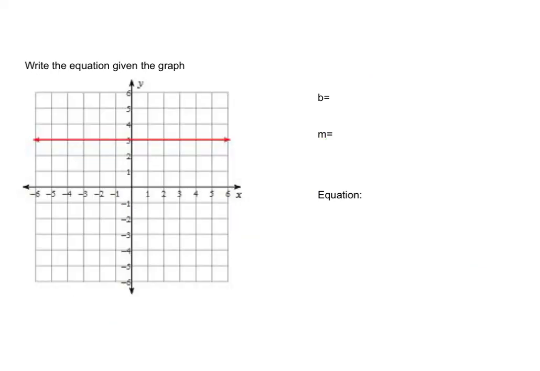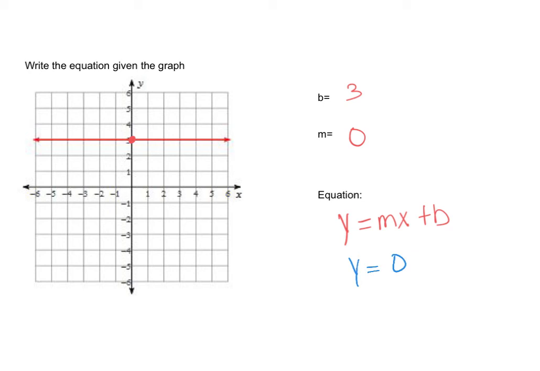This is a special case because we have a line that has no slope. If we remember back a few lessons ago, when we see a horizontal line, we know that the slope is 0. So if the slope is 0 and our y-intercept is 3, when I plug in my information into my mx plus b, my m is going to be 0.